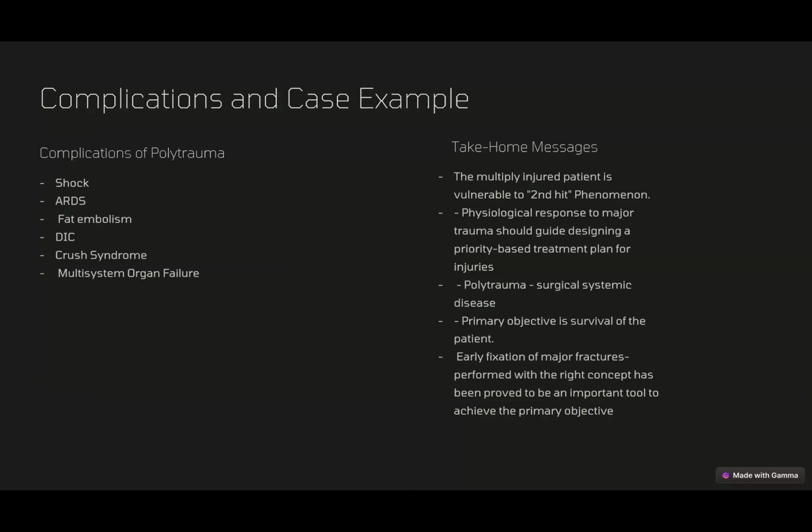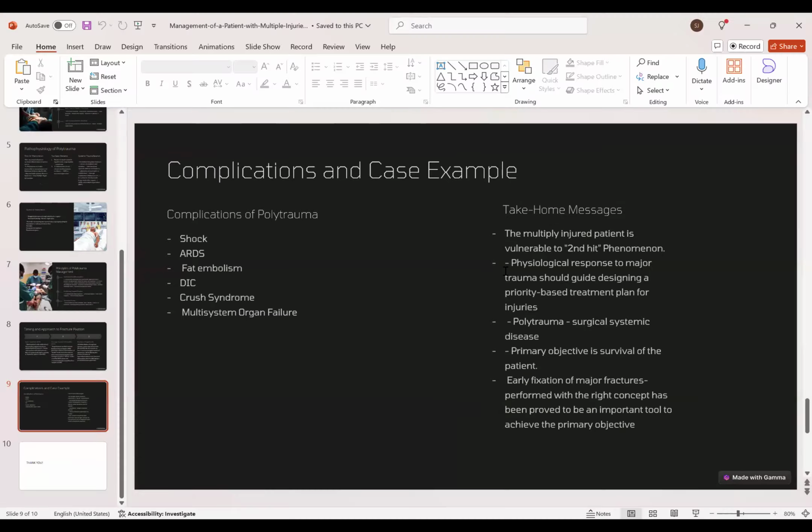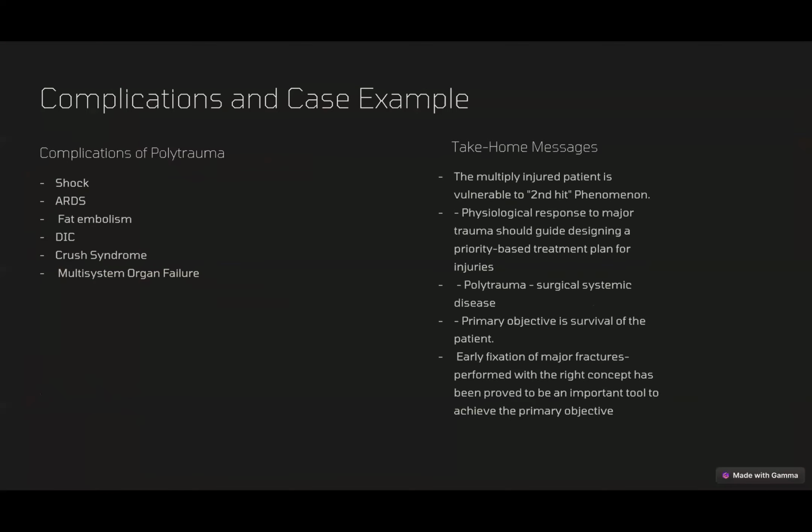So you ensure their survival first at whatever point. Then also early fixation of major fractures has proved to be an important tool to achieve survival of these patients. So that's the end of my presentation. Thank you so much for your time. I'm open to answering any of your questions.